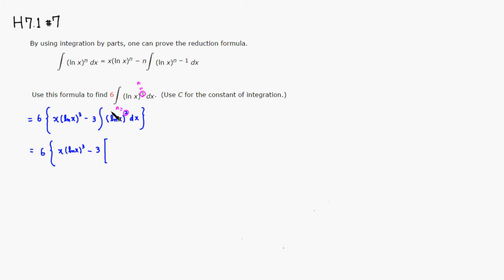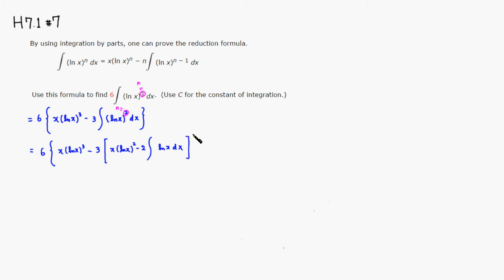So now n is 2, so we have x times natural log of x to the 2, minus 2 times the integral of natural log of x raised to the 2 minus 1, so it's actually just 1, so I'm going to take that off, and then we have a dx.